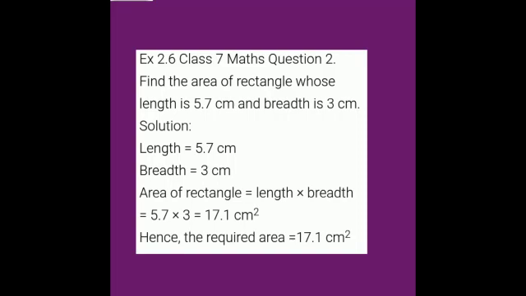Now the formula for area of a rectangle is length into breadth, that is 5.7 into 3 which is equal to 17.1 cm square. Since area should be denoted in square units, our answer is 17.1 cm square.